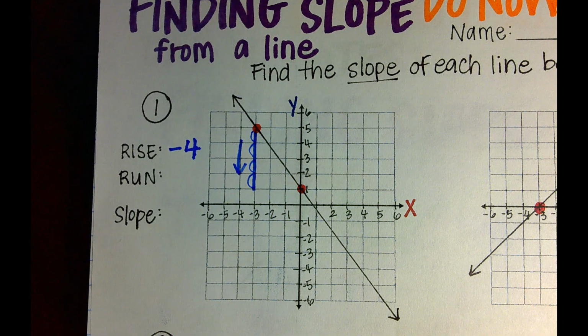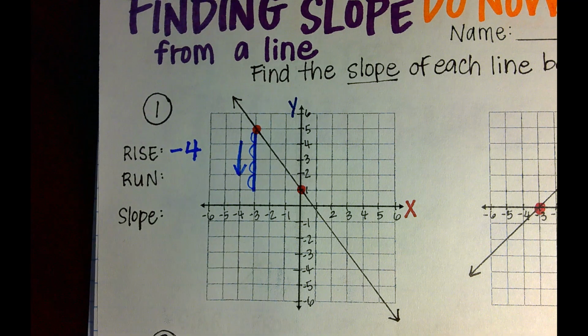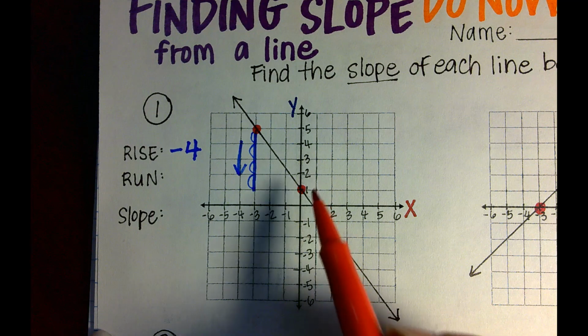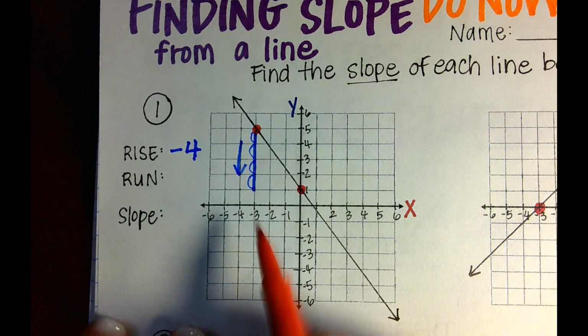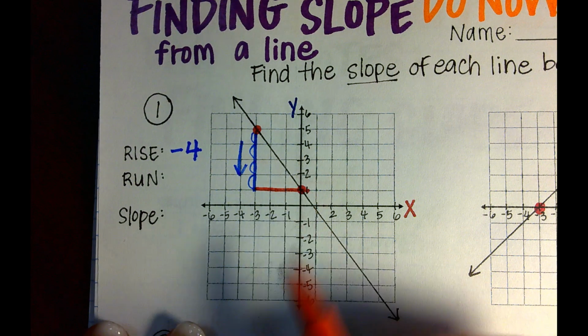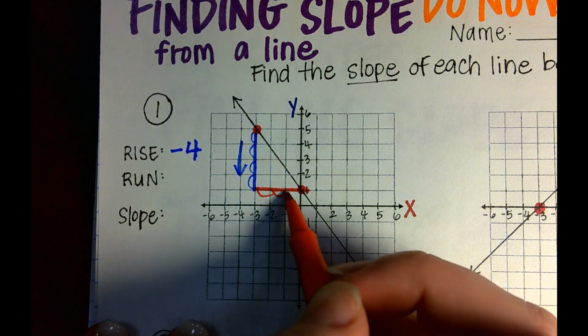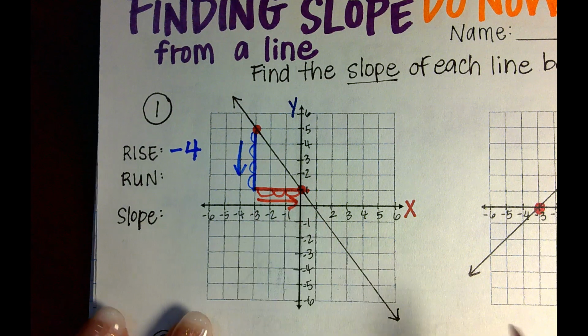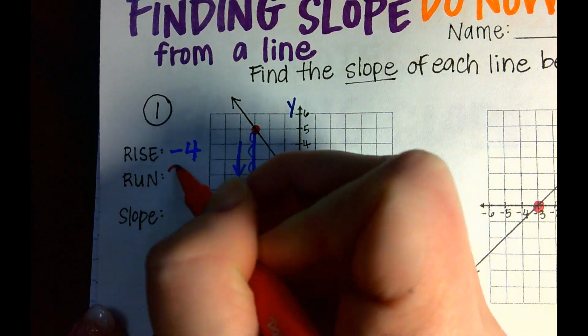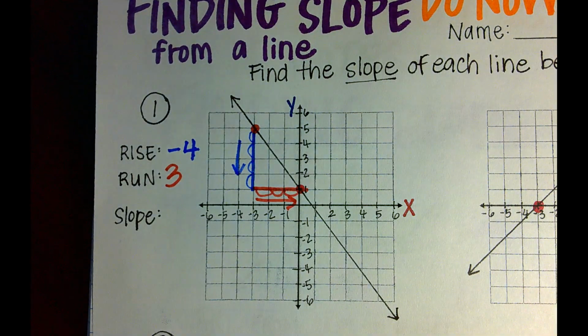So where do I go from there to find my run? Count over to the 1. Yes. So I stopped here. I found my rise. Now I'm just going to count over 1, 2, 3. And that's going to be my run. 3. That's okay.